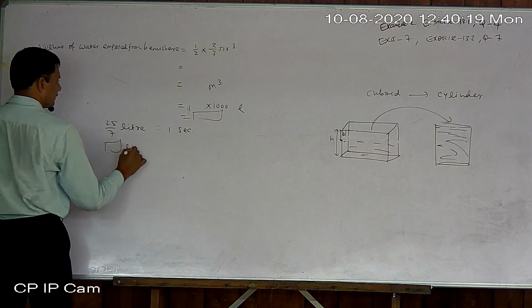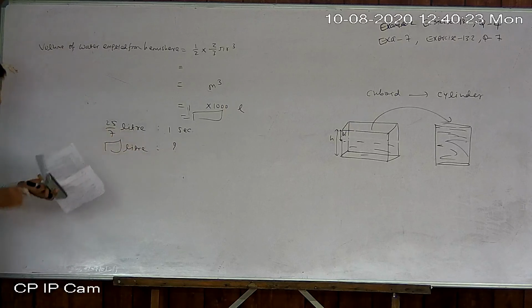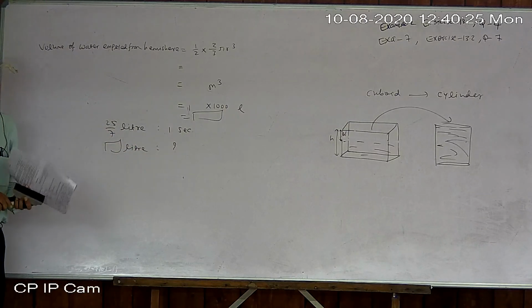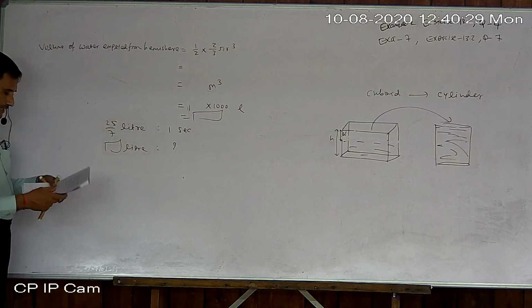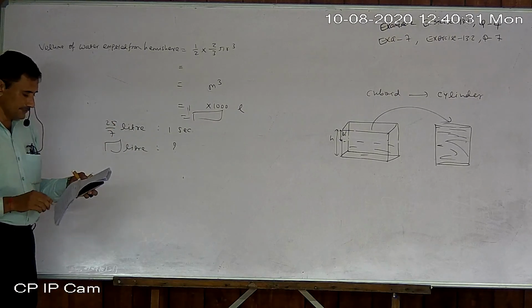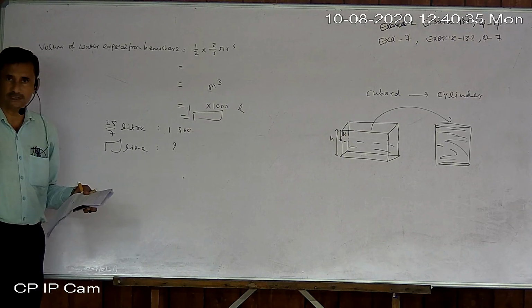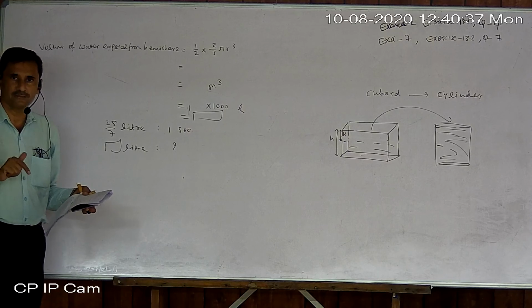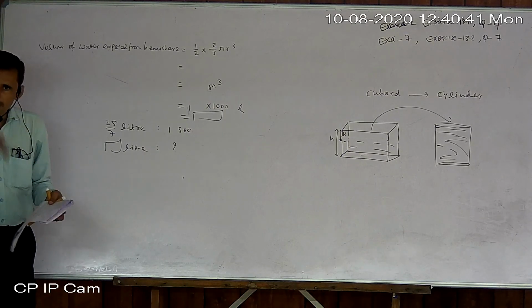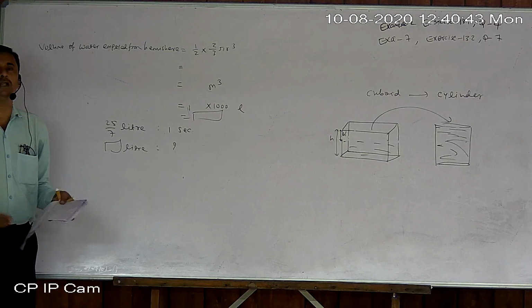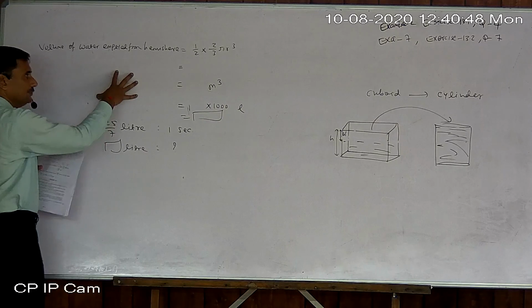Then you find the time. Time will be in second, but it is converted later into minute by dividing by 60. If you have time in second and divide by 60, it is converted into minute. That is not new.